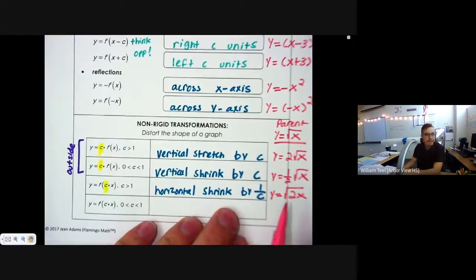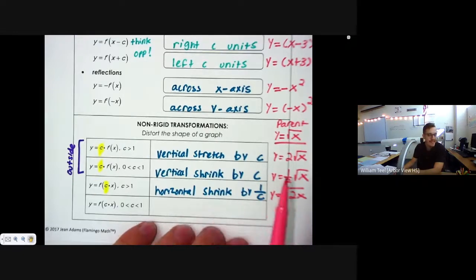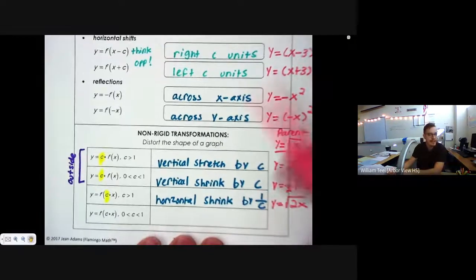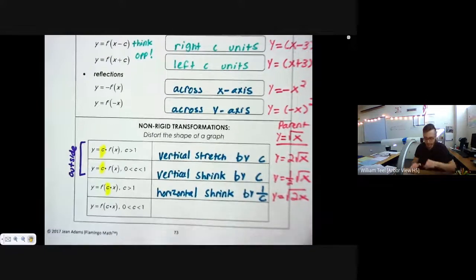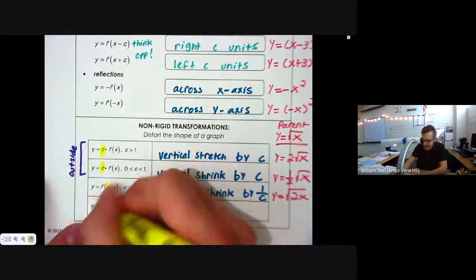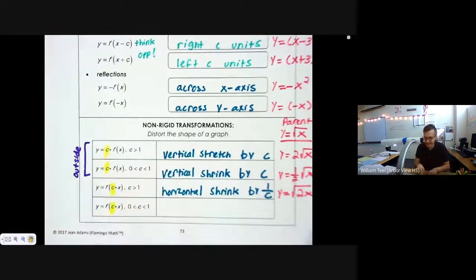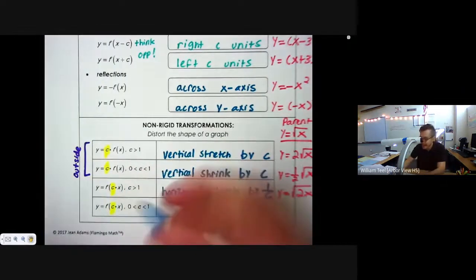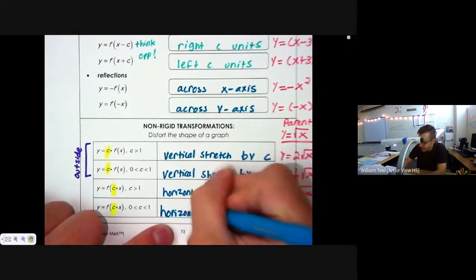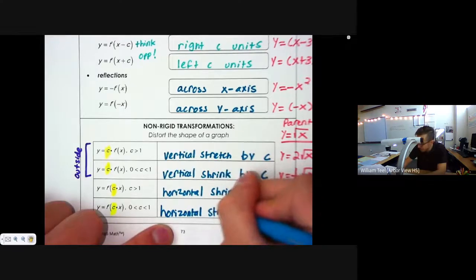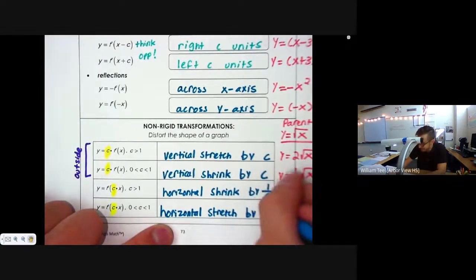And again, if we are inside parentheses, we're thinking opposite than if we're outside of parentheses, just like we did up here. So if that c value is inside and it's greater than 1, that means we're shrinking by 1 over c. Conversely, if that c value is inside the parentheses and it's between 0 and 1, so it's a fraction, that means we are making a horizontal stretch by 1 over c.